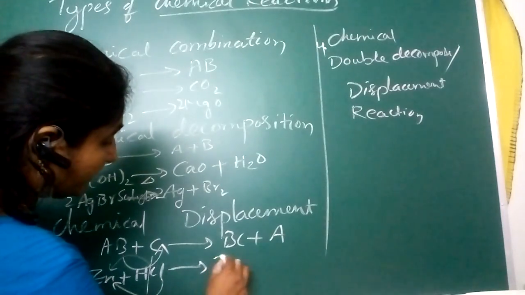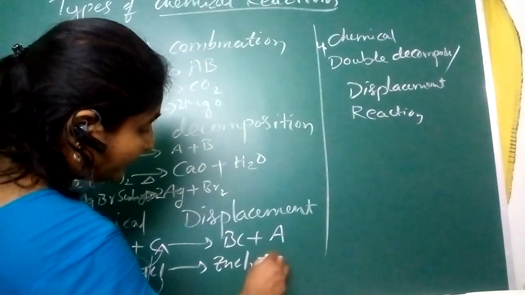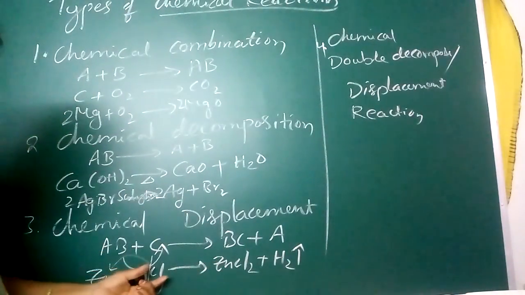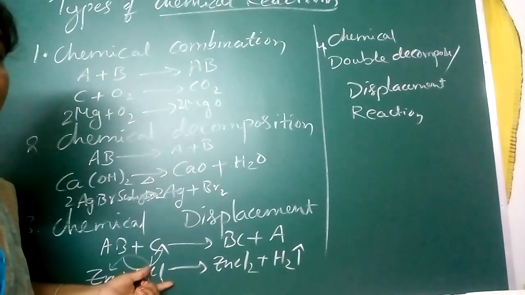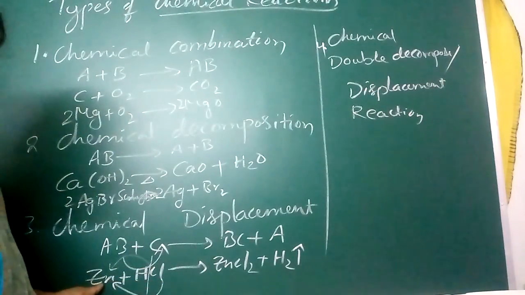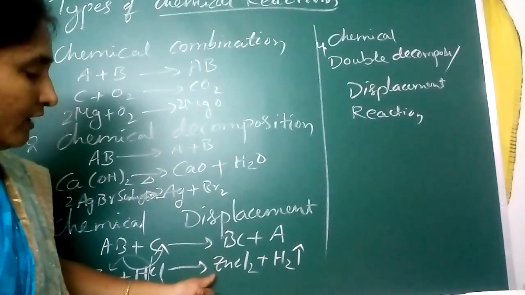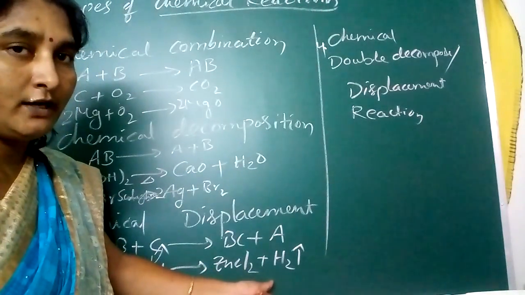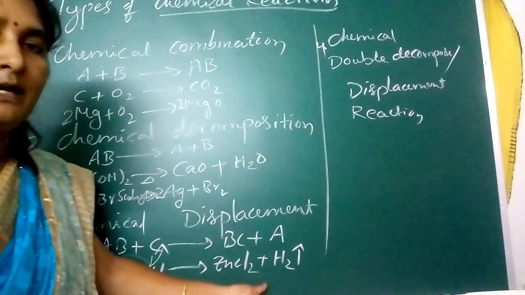Then ZnCl2 plus hydrogen gas will be formed. Zinc chloride is formed and hydrogen gas is released. Do you understand? There are so many examples like this.